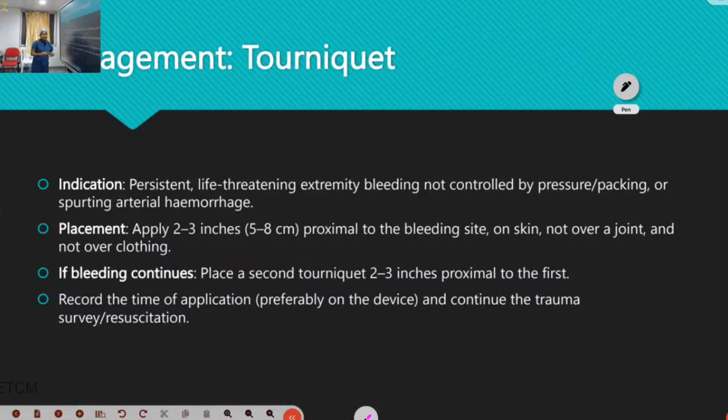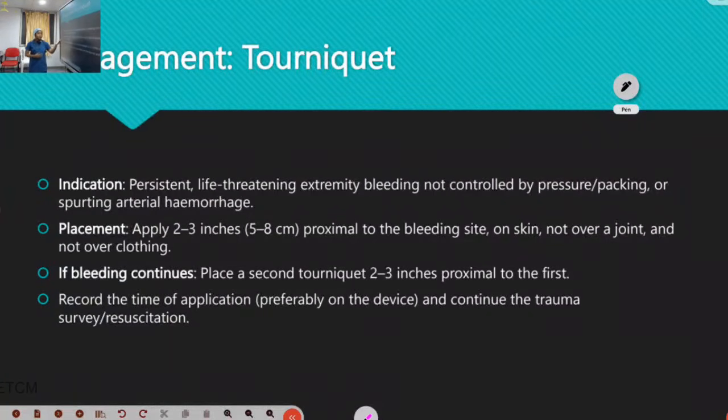If the bleeding still continues after application of the first tourniquet, the new ATLS protocol indicates that we can tie one more tourniquet above the first tourniquet which has already been applied.